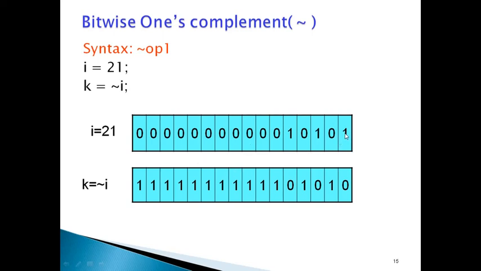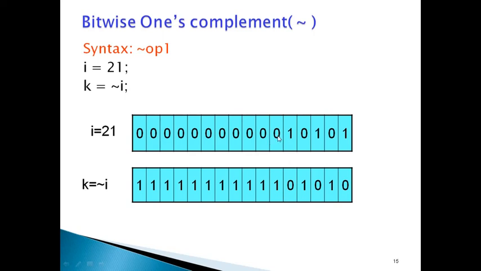the first bit, least significant side, the first bit is 1. Here in the K, the bit is modified as 0. Second bit is 0, that is modified as 1. Third bit is 1, that is modified into 0. Fourth bit is 0, that is modified as 1. Fifth bit is 1, that is modified into 0.